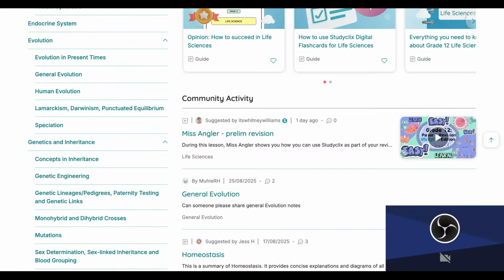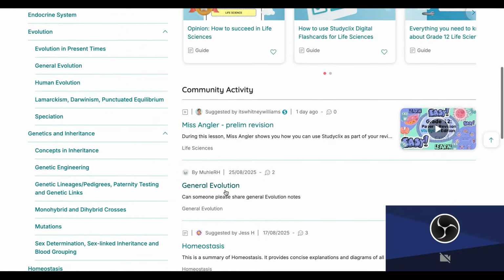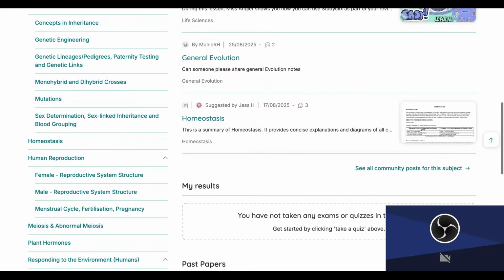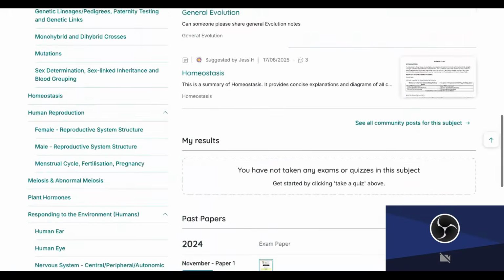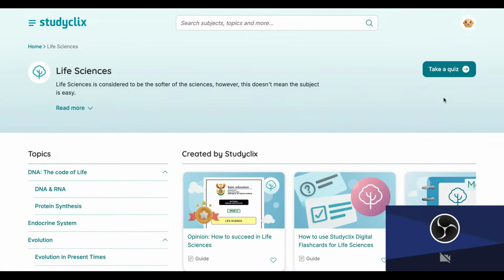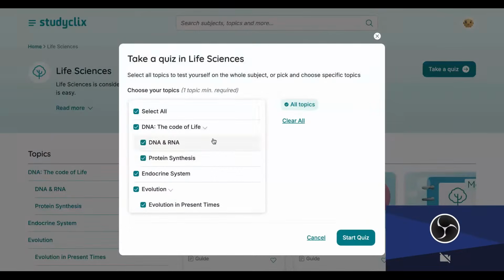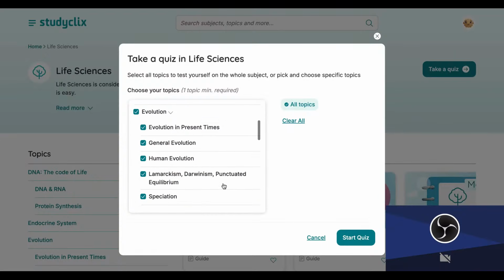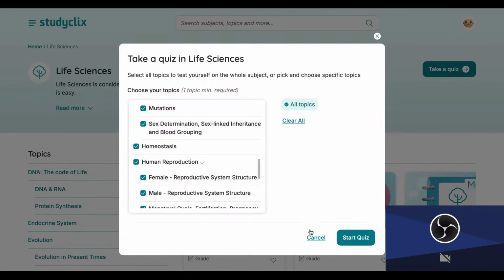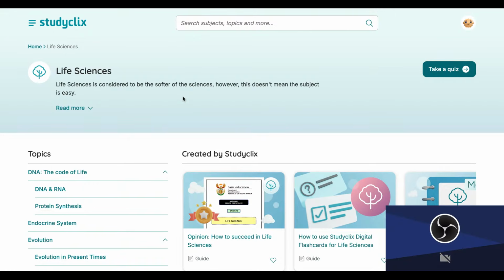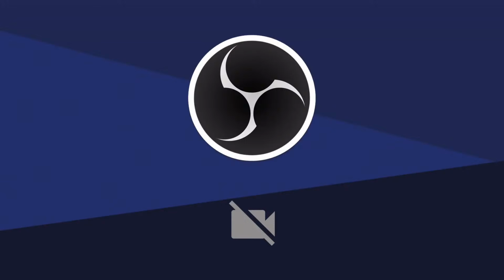Besides past papers, it also has quizzes, and you can select what quizzes you want to do and it'll set it up for you. Today we are going to be using StudyClix as a revision tool, and I'm going to switch my screen over to that so that we can start with our past papers.